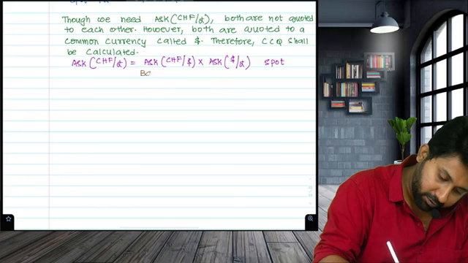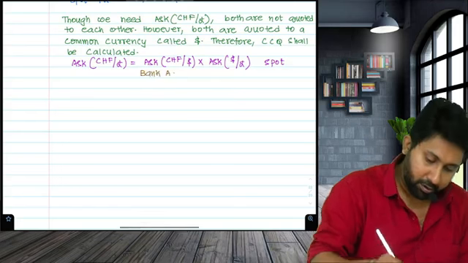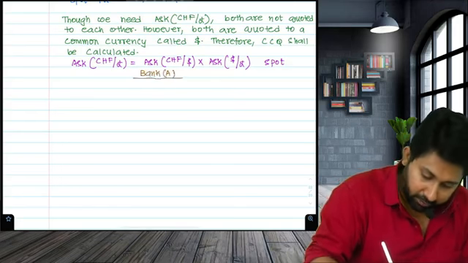First write down bank A. Pound equal to, tell me, what is the ask of CHF by dollar? What is the ask of bank A? Ask of CHF by dollar is 1.4655 into ask of dollar by pound.